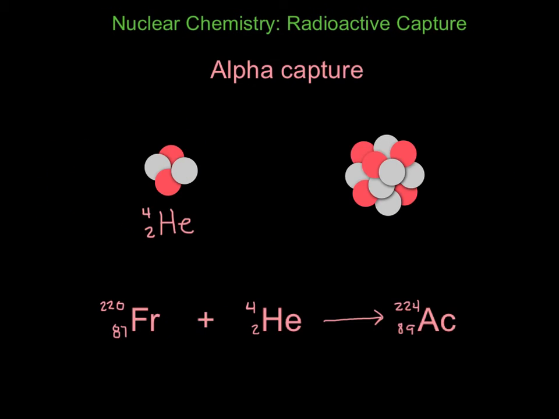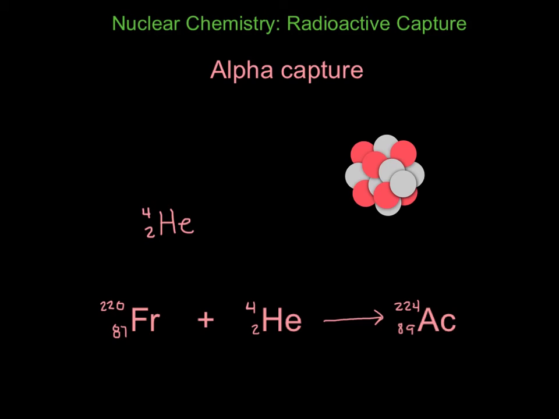So the last type of radioactive capture we're going to look at is alpha capture. And in alpha capture, we have an alpha particle, which remember is 2 protons and 2 neutrons, which is the same as the helium nucleus, which is why we represent it in this way. So we're going to have this alpha particle in alpha capture combining with, or being taken up by, the nucleus of an atom.